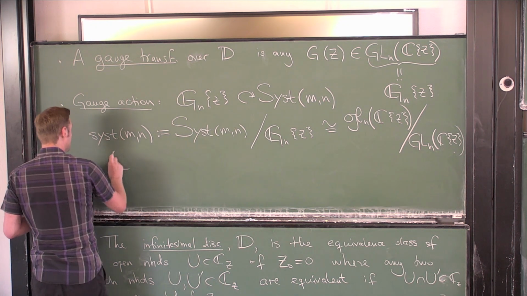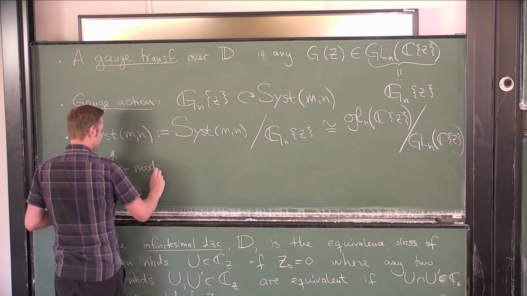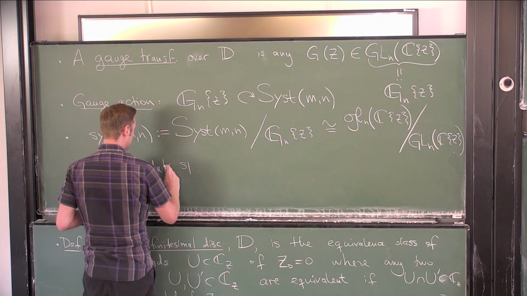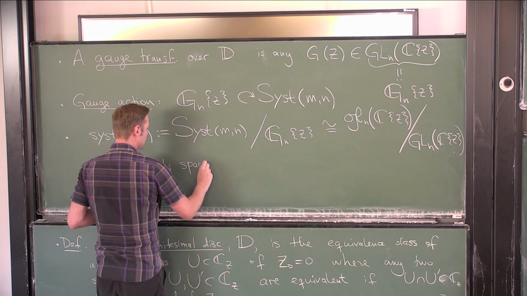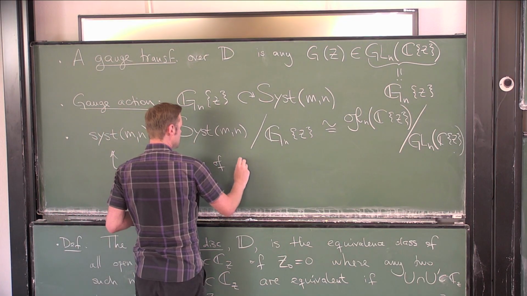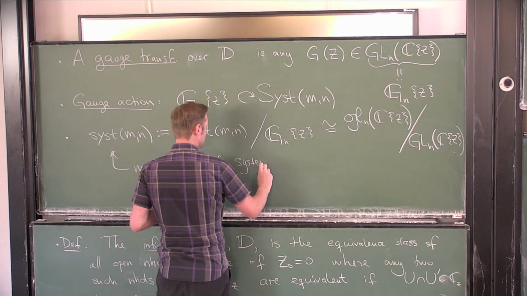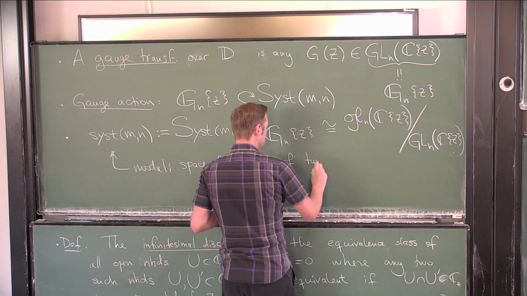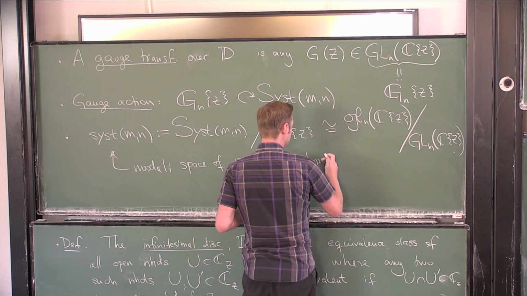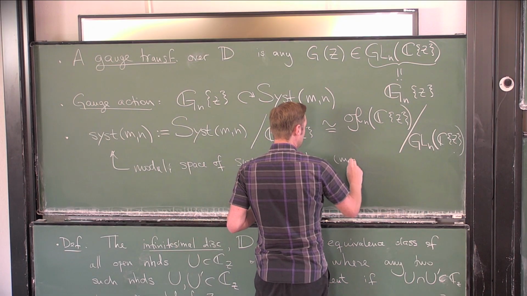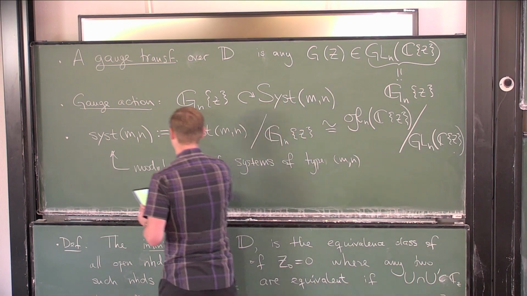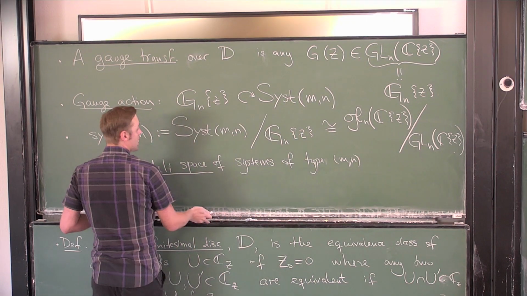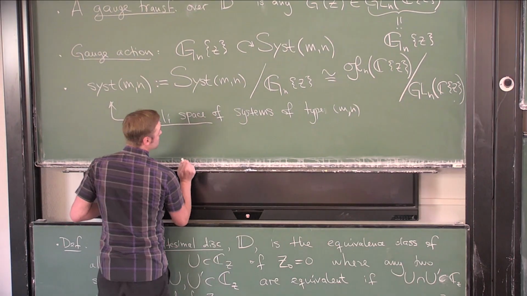Okay. So this guy is the moduli space of systems of type Mn, by which I mean with pole of order M and of size n by n.